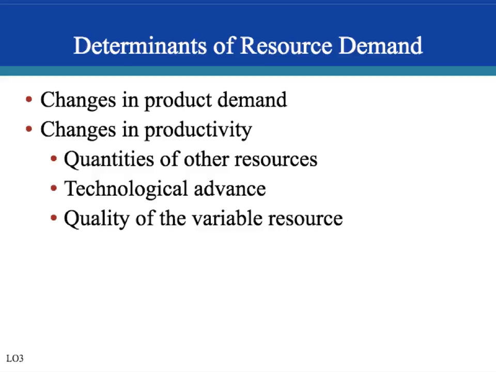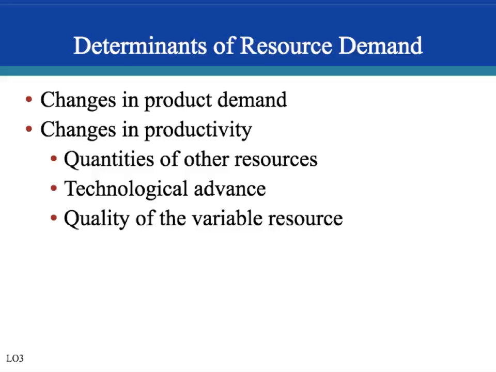So the determinants of resource demand are the factors that shift the resource demand curve. A change in the price of the resource wouldn't shift the resource demand curve. It would only cause a movement along the demand curve, but a change in the product demand would shift the resource demand curve, because if there's an increase in the demand for cakes, then the demand for resources such as sugar and butter would increase as well.